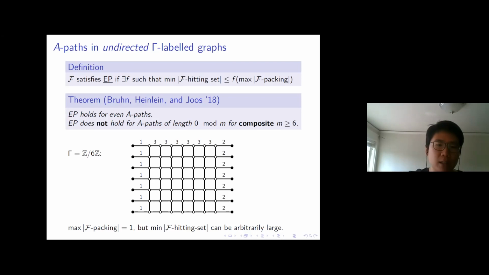But we can make this grid as large as we want so that the minimum size of a hitting set can be made arbitrarily large. So there does not exist a function that bounds the minimum size of a hitting set in terms of the maximum size of a packing. And this same example generalizes for all other composite numbers except 4. If you try this construction for 4, you'll find that it doesn't actually work.